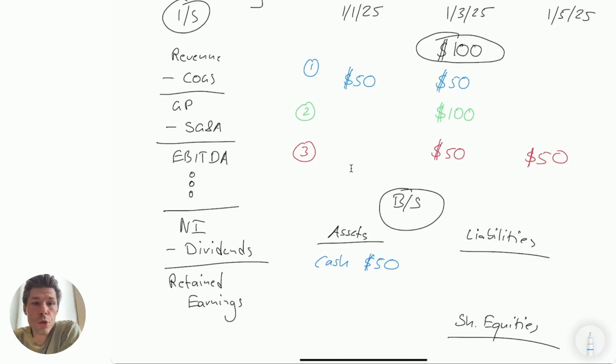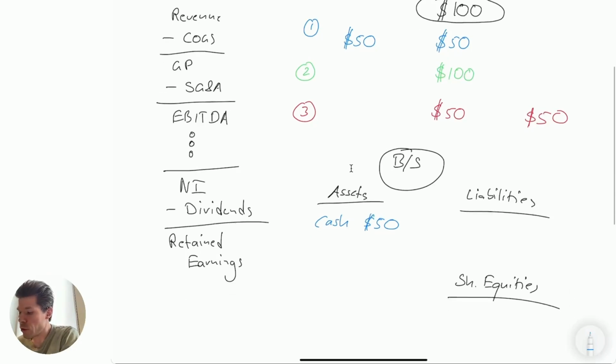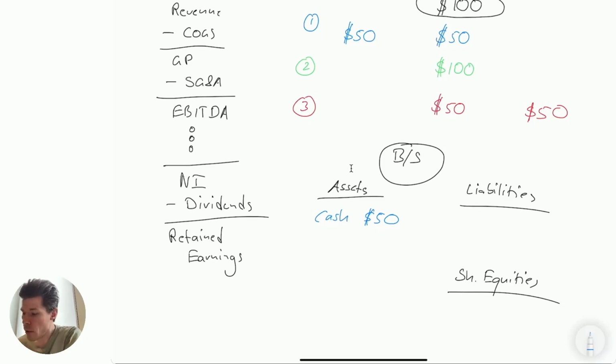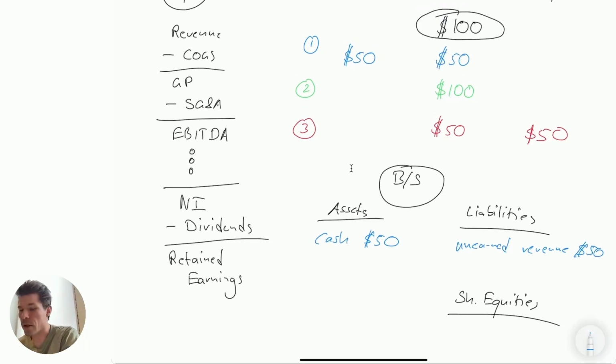And then what you would also do is you would record a liability, which is called unearned revenue 50. Unearned revenue means you have received 50, but you have not provided the service or have not delivered the product yet. It's a liability, so cash 50, unearned revenue.